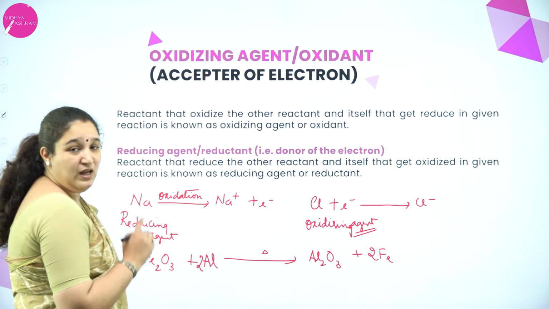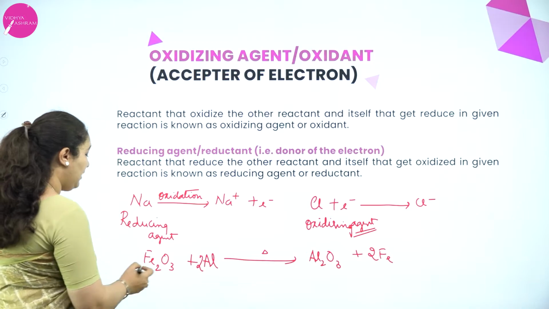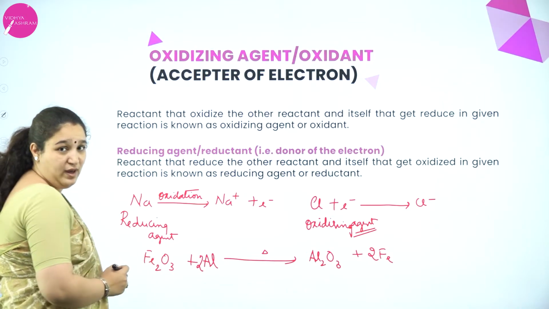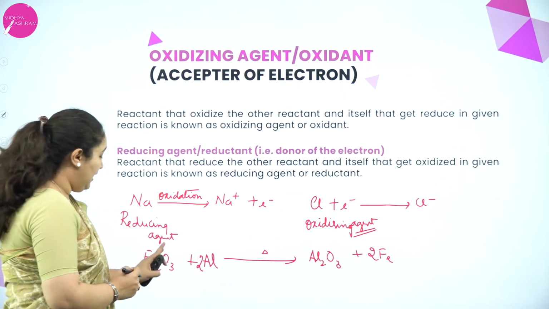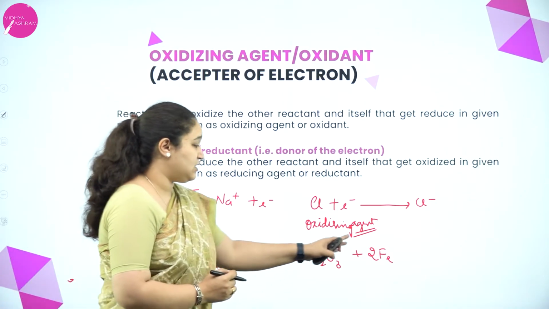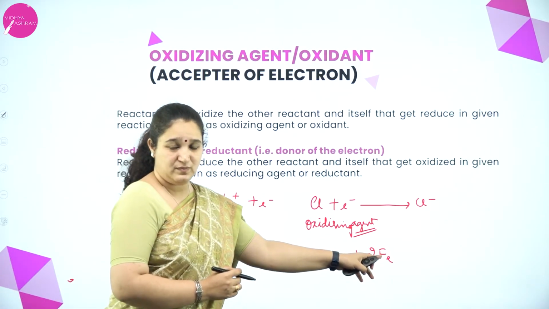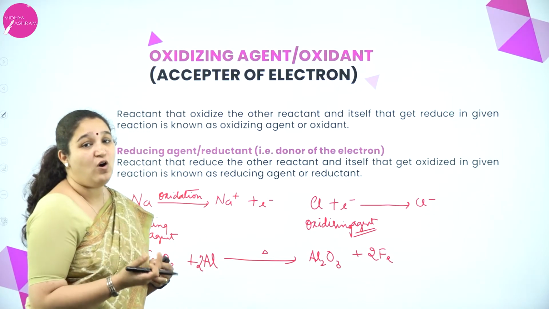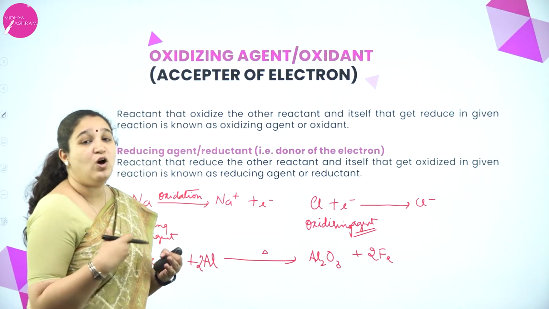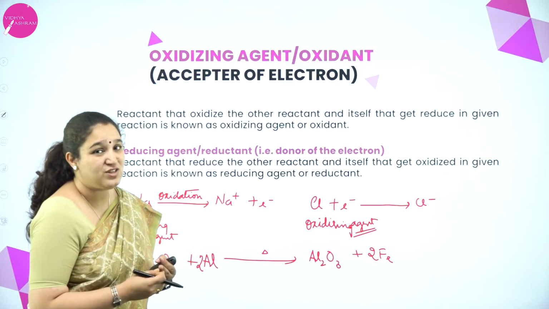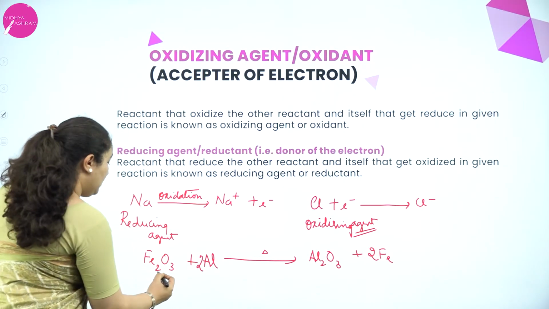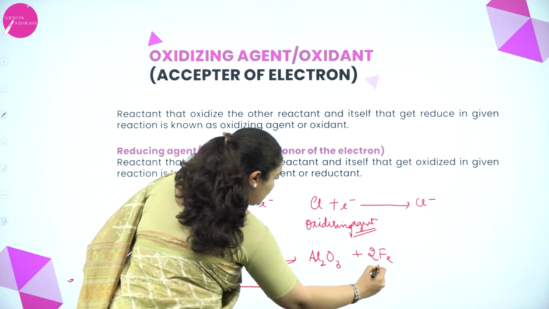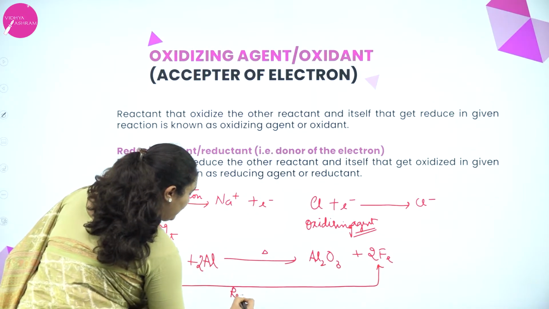Now in this reaction, Fe2O3 is losing oxygen to become Fe. Correct? Loss of oxygen, removal of oxygen, is a reduction reaction. Am I correct? So this to this is called a reduction reaction.